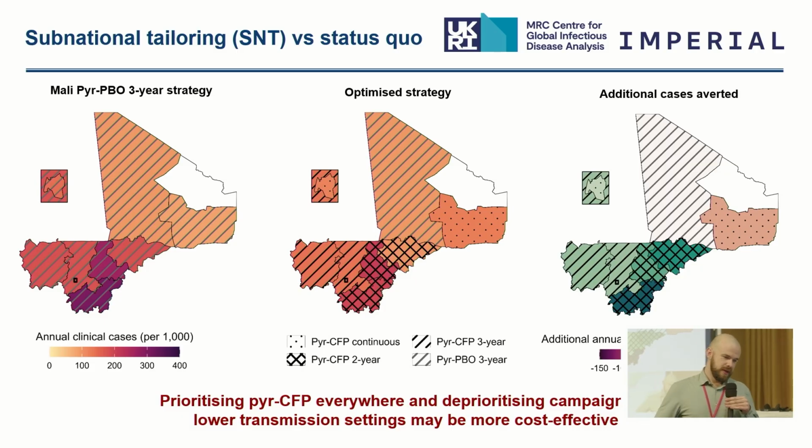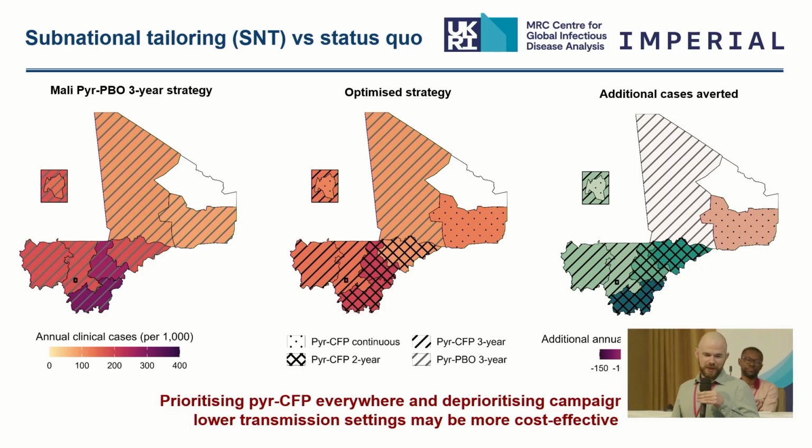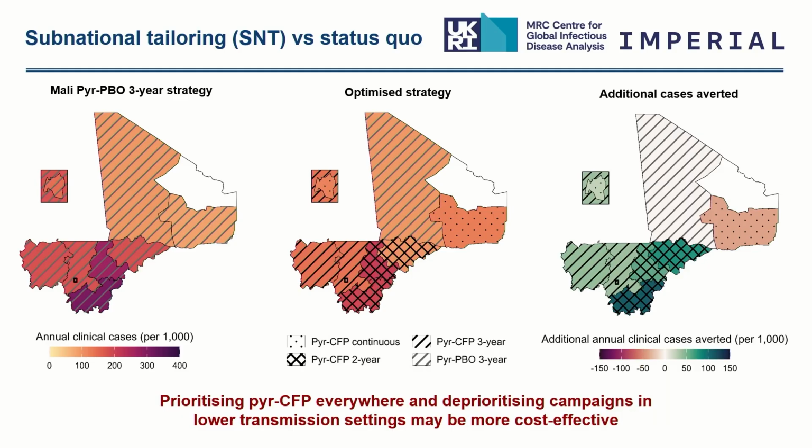So on the right, sorry, you've got me slightly in the way of the legend. There are estimates of the additional annual clinical cases averted, thank you for removing me, for the different regions.